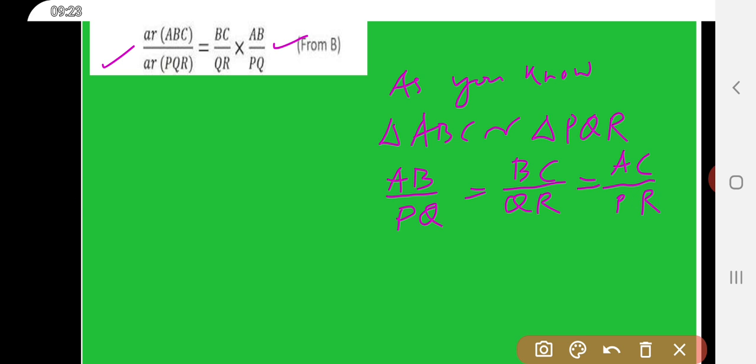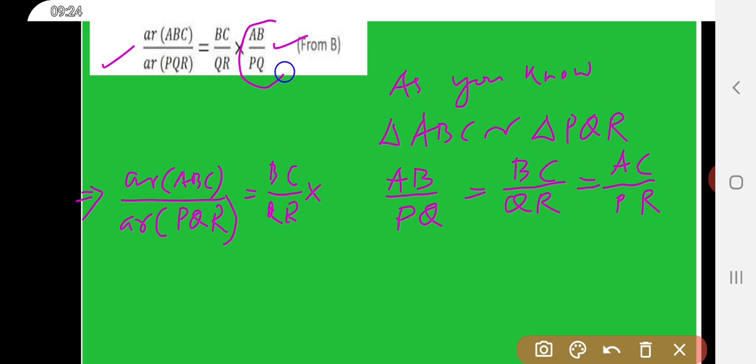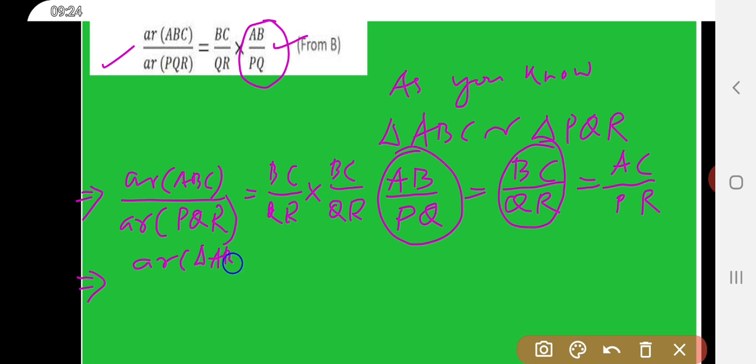So we can write area of triangle ABC divided by area of triangle PQR is equal to BC by QR into AB by PQ. AB by PQ is equal to BC by QR. So area of triangle ABC divided by area of triangle PQR is equal to BC by QR whole square.